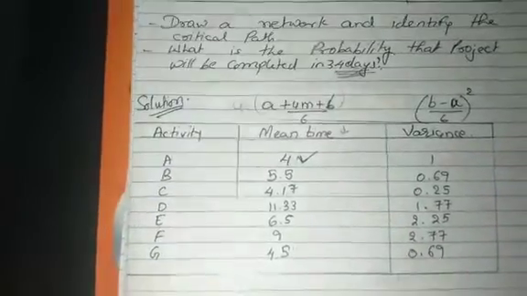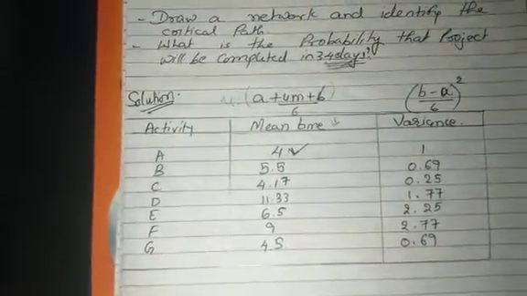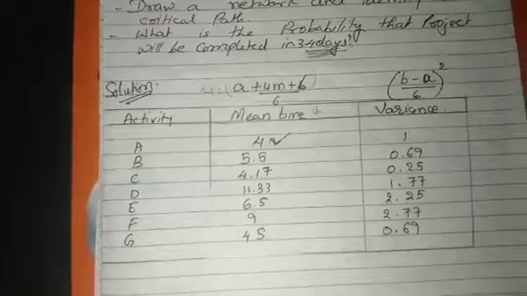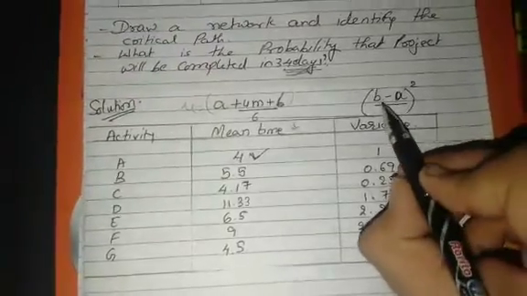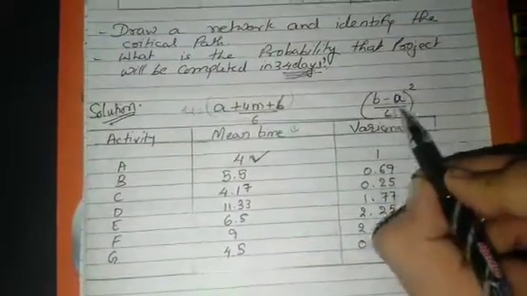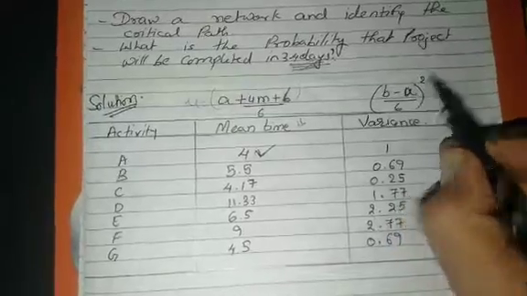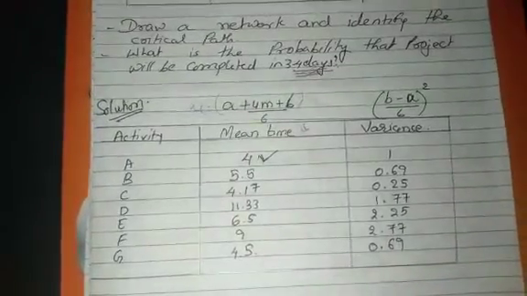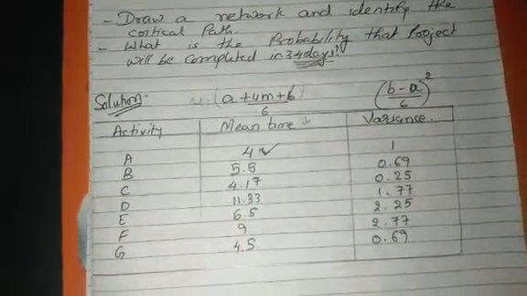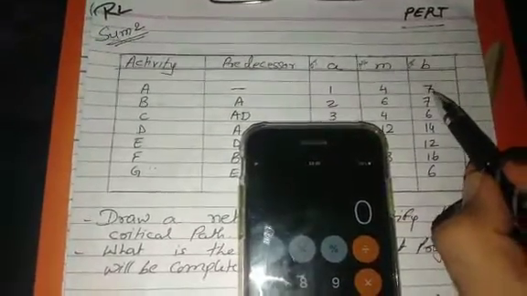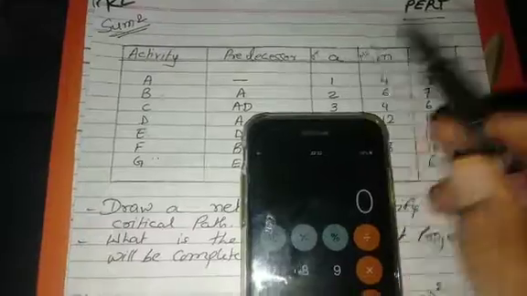Now after finding the mean time, I would also find out the variance. The formula for variance is B minus A upon 6, the whole square. Again we would be finding it for activity A. For activity A, the value of B is 7 and A is 1.